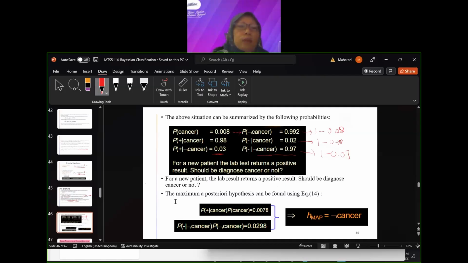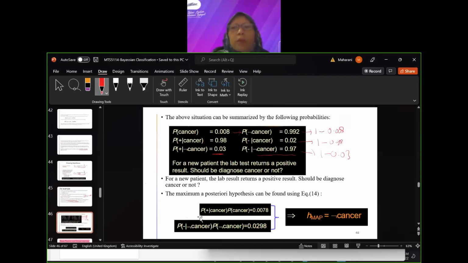So that's why here we use the maximum a posteriori, MAP. We have to compute all of the features. In this case, just two is okay, but later on we'll have another example which consists of many features, so you have to compute all of the possibilities in the features. Okay, so now let's do it.